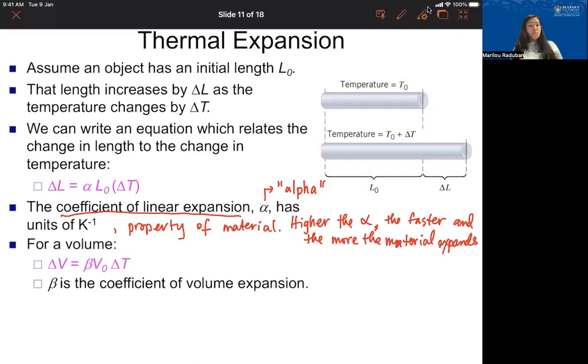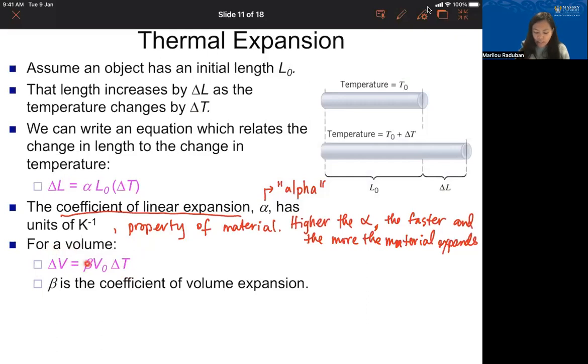For the volume of the material, it takes on a similar form. The change in volume of a material will also be proportional to the change in temperature, meaning the bigger the change in temperature is, the bigger the change in volume is. V0 is, of course, the original volume.